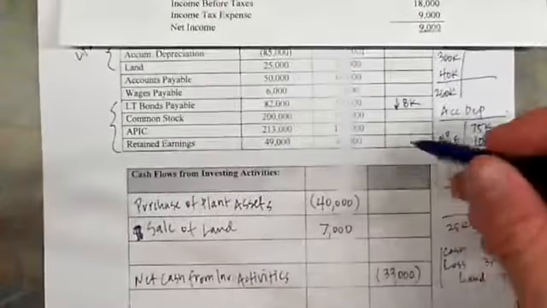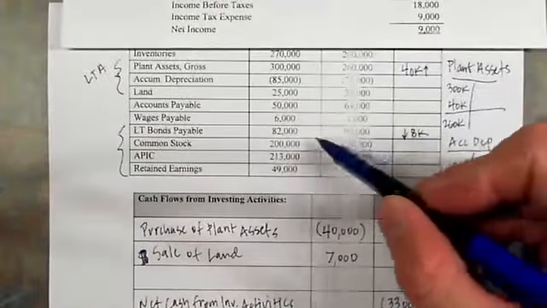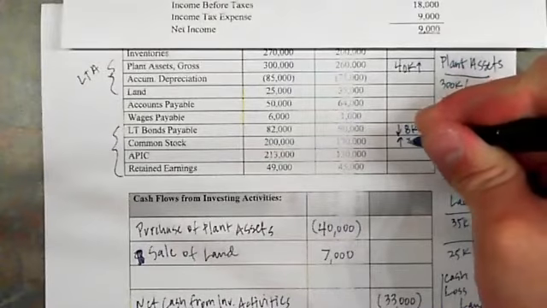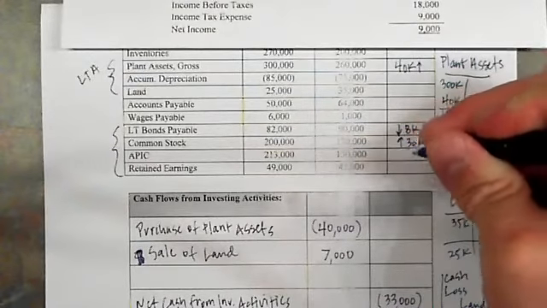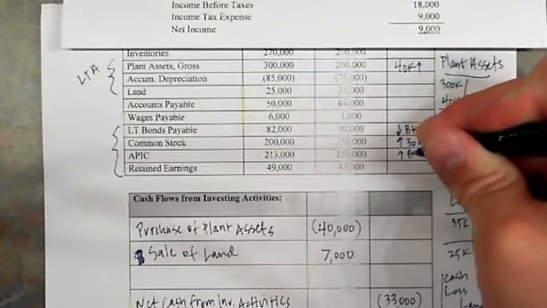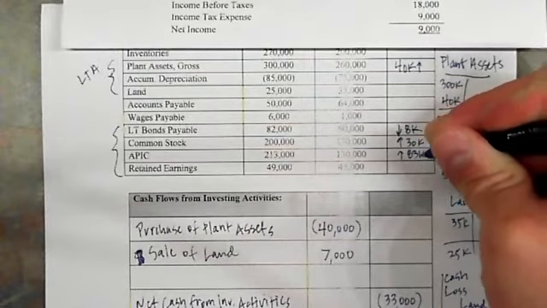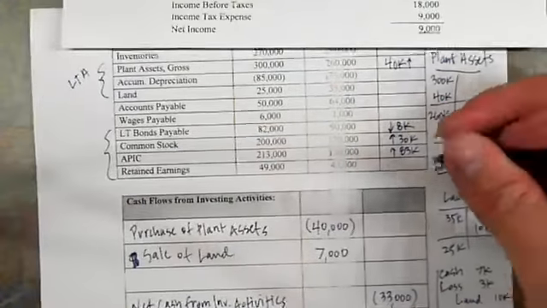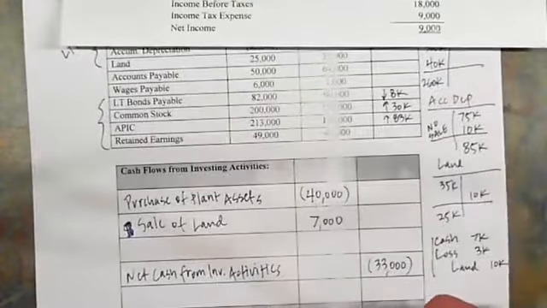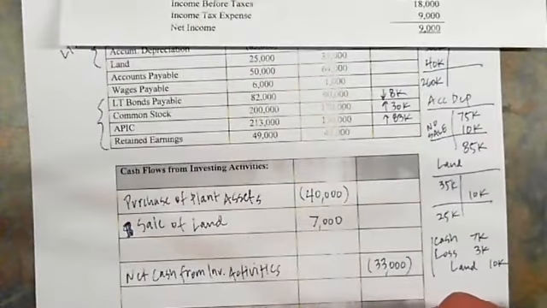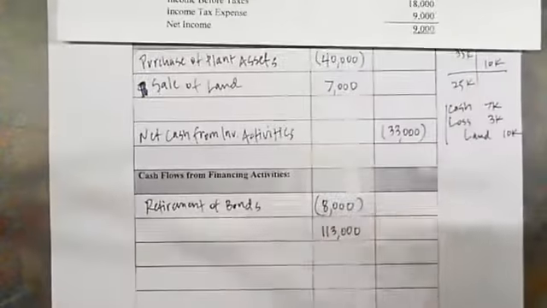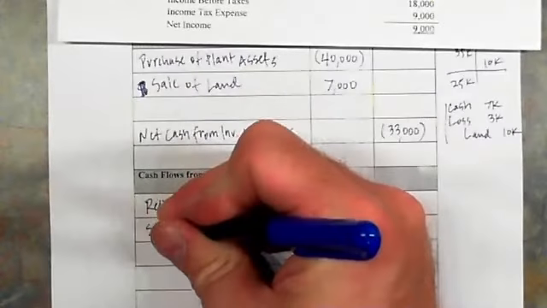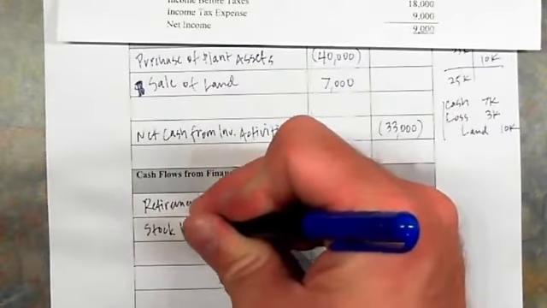Common stock and APIC both went up. Common stock went up 30. APIC went up 83. Both of those together would be $113,000, and that's from a stock issue. So we got a lot of money from that stock issue.